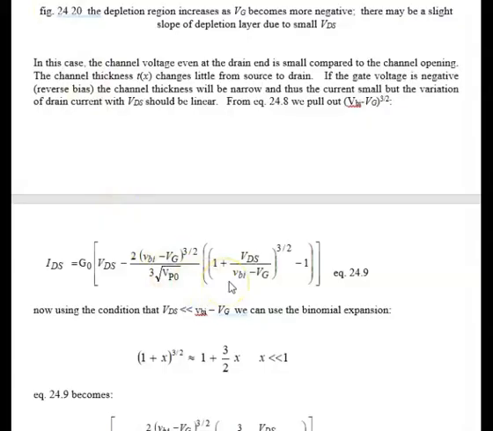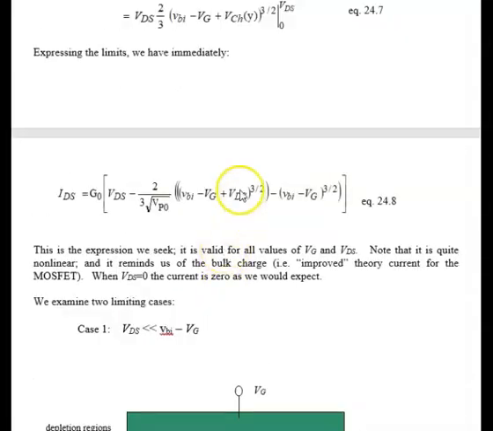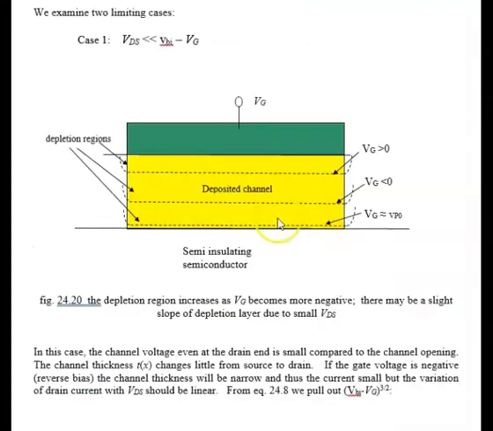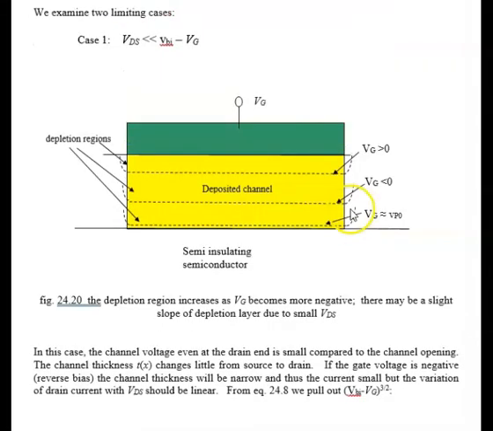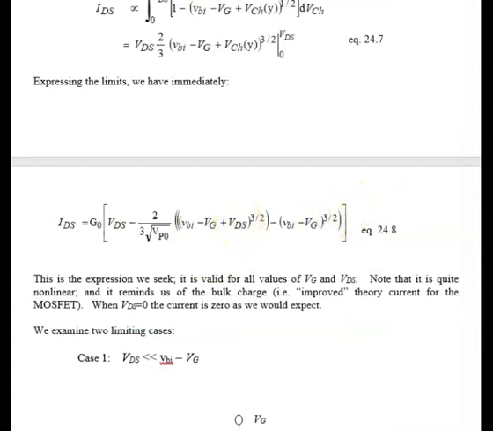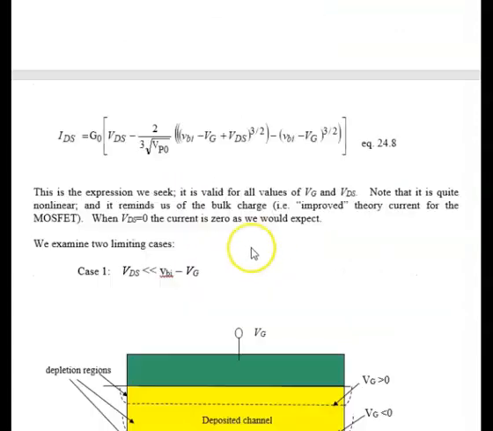So let's see if we can put that in. And if we put that condition into here, we can do a first order expansion. 1 plus x to the 3 halves is approximately 1 plus 3 halves x. Okay, so 24.9 is basically 24.8, where we just pulled out this term here.